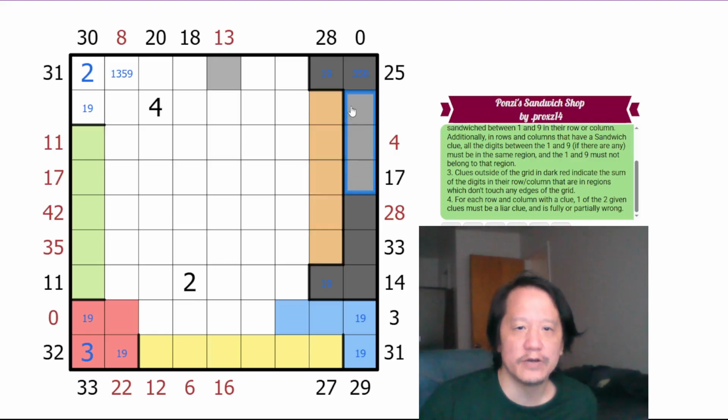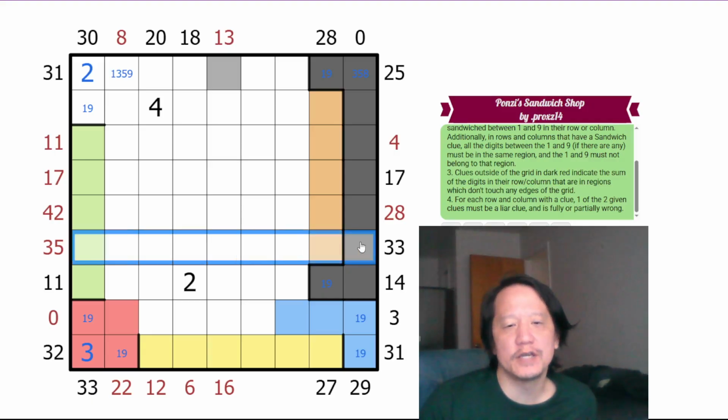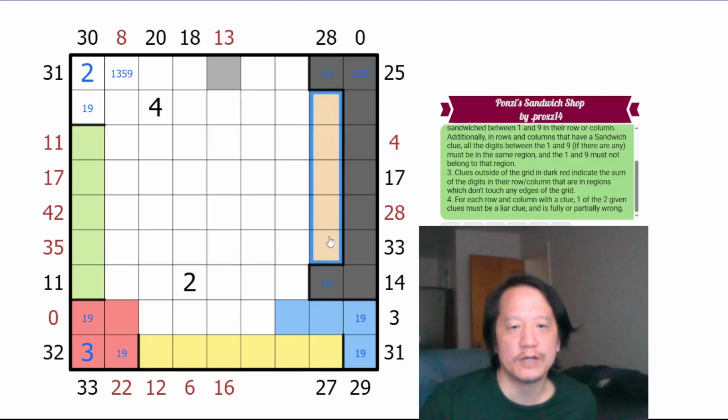Because this can't go any further. There's no 1, 9 here. There can't be a 1, 9 here. Therefore, this cannot sum to 33 in between the 1 and 9 here, because neither of these can be 1 or 9.